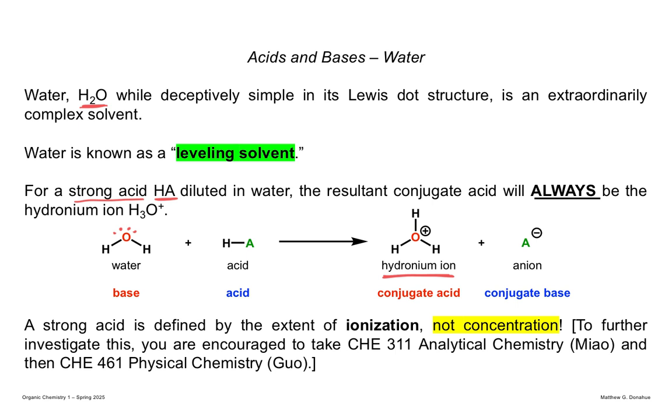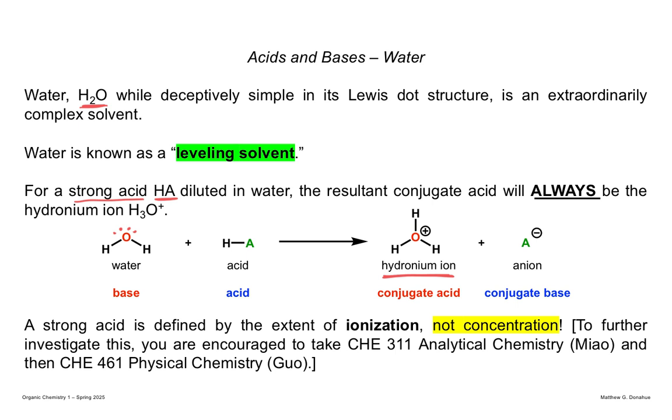So a concept you want to be clear on is when we talk about strength, in general chemistry, you're probably familiar with tying strength of an acid to its concentration. But more realistically, the strength is tied to the ionization. So that H plus A minus, to what extent is that acid ionizing? Not its specific concentration.